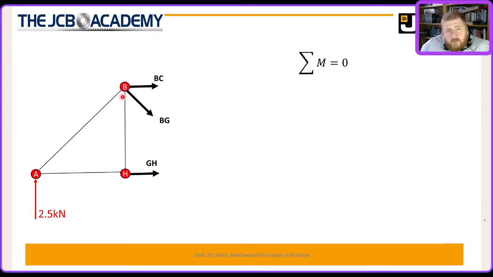Added to that is the horizontal component of BG, which is BG cos 45, also acting 2 meters vertically from the fulcrum. Added to that, we have the vertical component of BG, which is acting downwards. All are going to be trying to turn this truss clockwise.